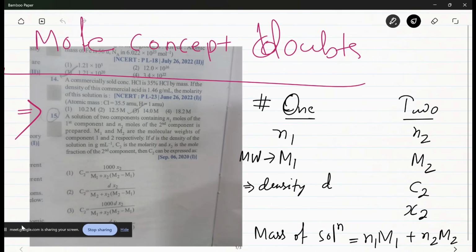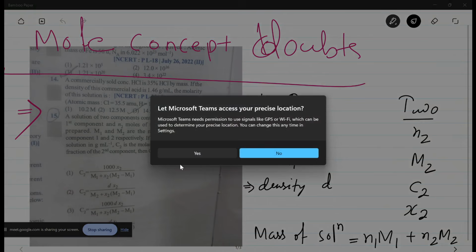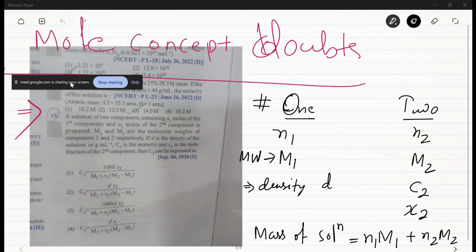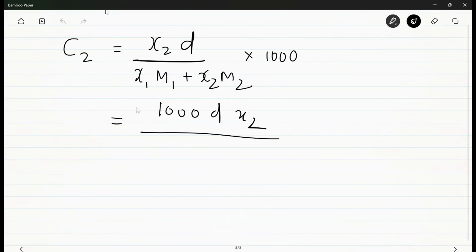Options are in which terms? See quickly. x2. So the new denominator you have to design in terms of x2.